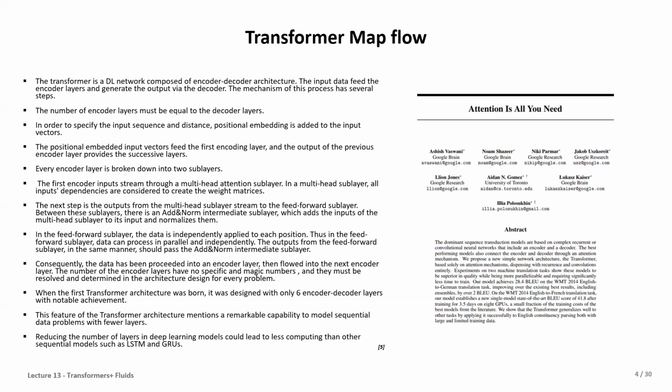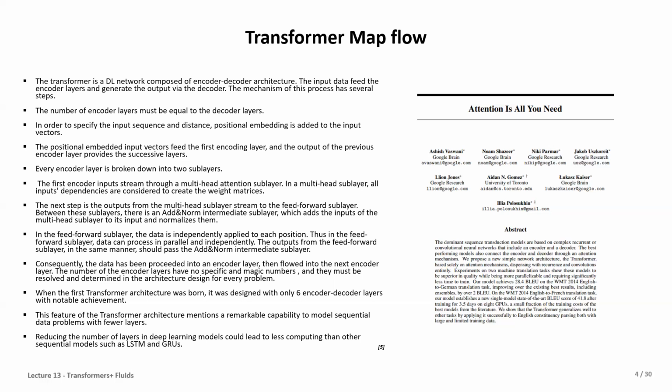First, the encoder inputs stream through a multi-head attention sublayer. In the multi-head sublayer, all input dependencies are considered to create the weight matrix. The next step is that the outputs from the multi-head sublayer stream to the feed-forward sublayer.